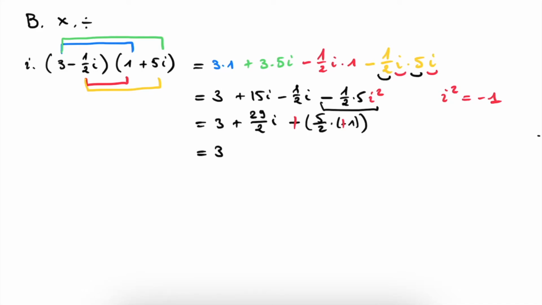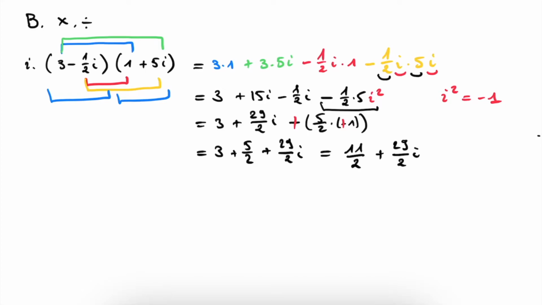We have 3 plus 5 over 2, which is this 5 over 2 right here, plus 29 divided by 2i, which can of course be rewritten as 11 over 2 for the real part, plus 29 over 2i. And we see here that the multiplication of two complex numbers is again a complex number, with the real part being 11 over 2 and the imaginary part being 29 over 2 times I.